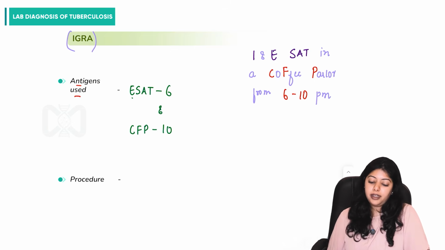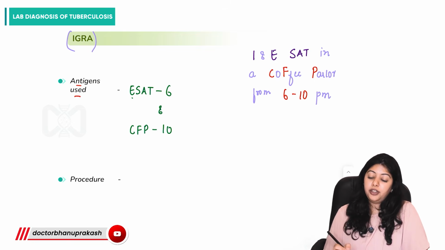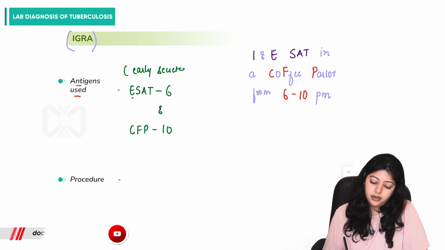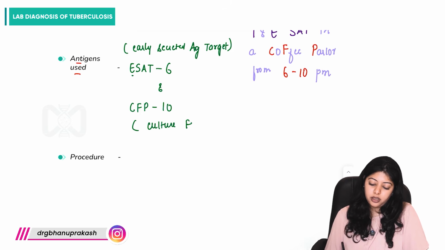ESAT stands for early secreted antigenic target, and CFP stands for culture filtrate protein.